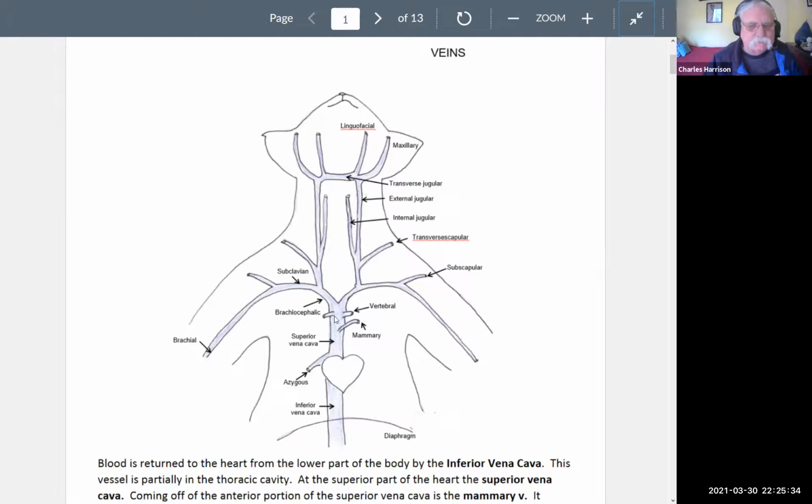Moving away from the heart, the superior vena cava is formed by these two structures, sort of a Y that again you see here. This is the brachiocephalic vein because it's going to service the arm, the brachial portion, and the cephalic or head portion.